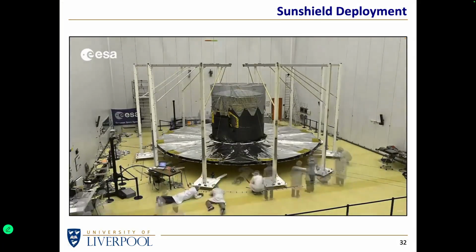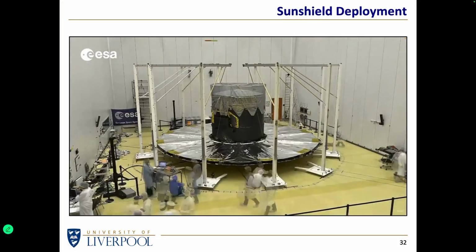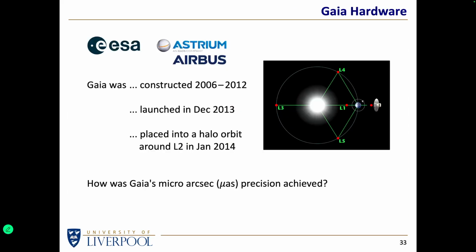About 10 meters or so in diameter. The sun shield is rather important for keeping the entire system, the entire telescope itself, at a stable temperature. It doesn't have to be as cold as, for instance, an infrared telescope like the James Webb, but it does have to be a stable temperature in order to get the precision that they are after.